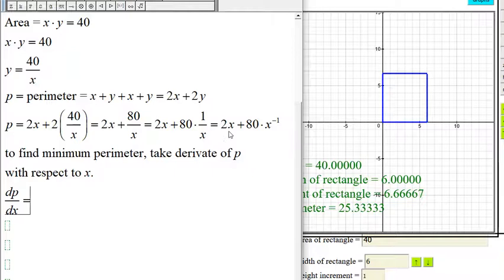The derivative of 2x is just 2, and again here we're taking the derivative with respect to x, and the variable here is x. And then plus 80 times, and here we just use the power rule, so it would be negative 1. Put the negative 1 in front of the x, and then subtract 1 from the exponent. So negative 1 minus 1 would be negative 2.